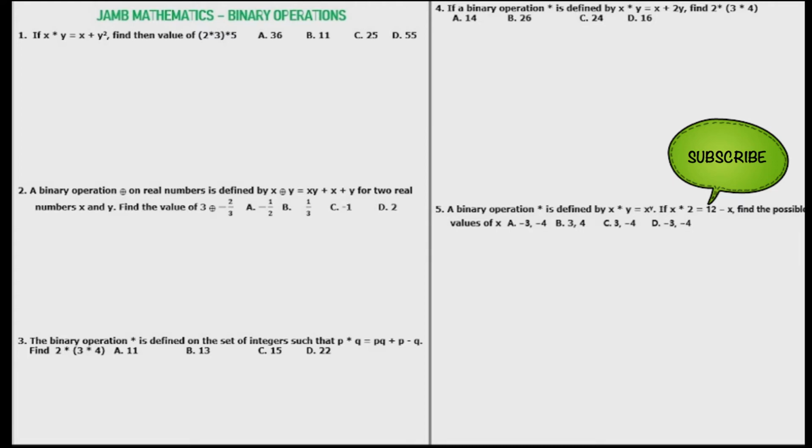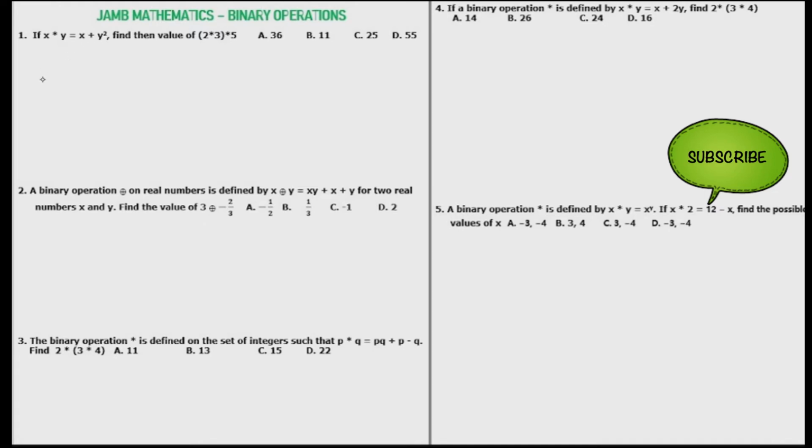You can see now we are given an element x asterisk y equal to x plus y squared. Find the value of 2 asterisk 3 inside bracket asterisk 5. Now, how do you go about this?